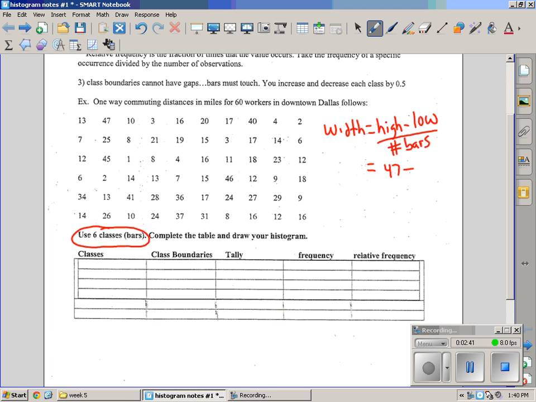What's the smallest number? 1. And they're telling us divide by 6. They tell us there's 6 bars. They have to tell you how many bars they want in the problem. If you're going to enter this in your calculator, either you have to press enter after you do the numerator, or you have to put this in parentheses. So plug that in your calculator and tell me what you get.